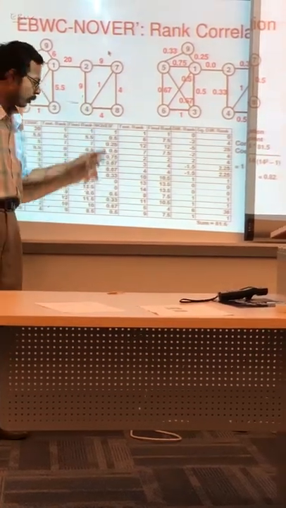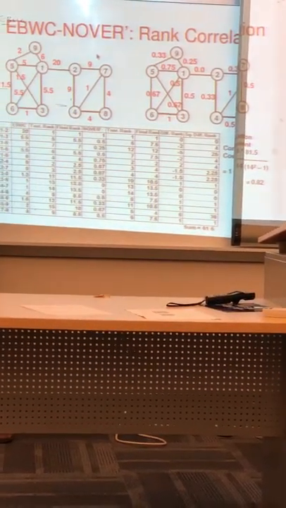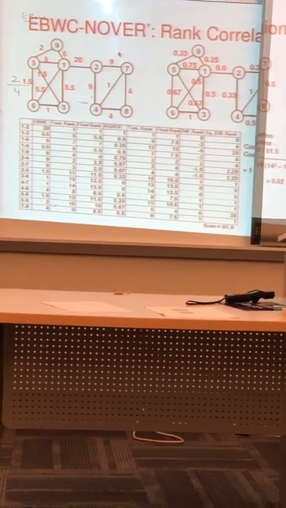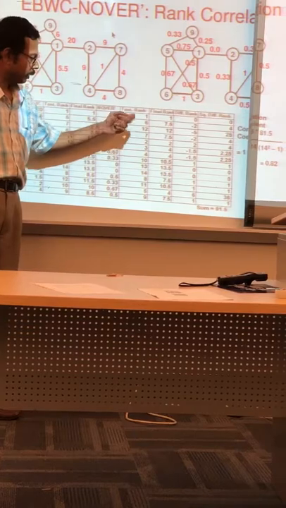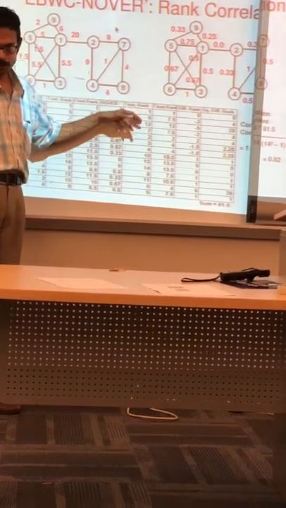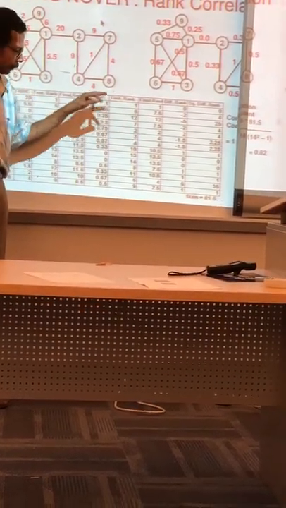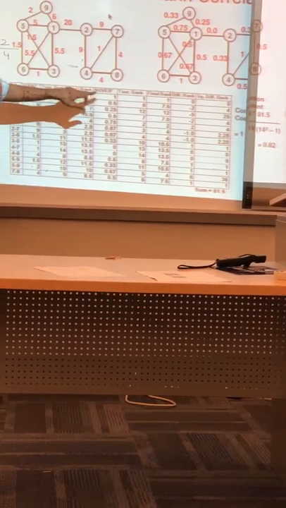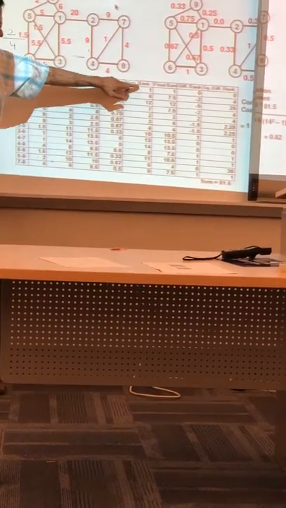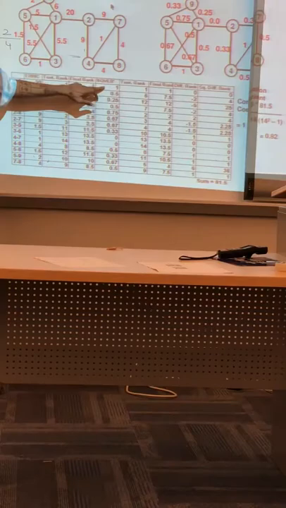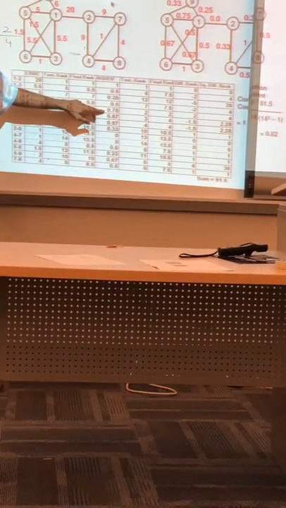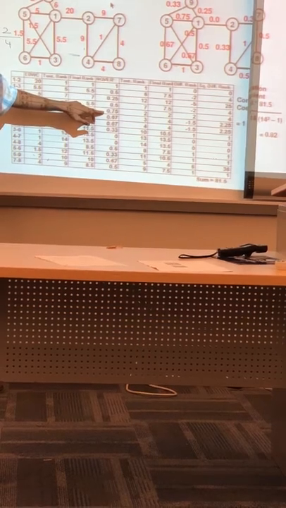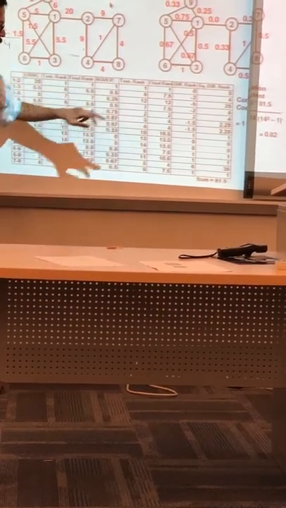So once you write the NOVER prime values, write down the tentative rank. The larger the NOVER prime value, the lower the rank number, or it's a higher rank, but we give a lower rank number. There's no other edge with 1 for NOVER prime, so tentative rank is 1. The next largest value is 0.75, and there's no tie here, so it's just 2.